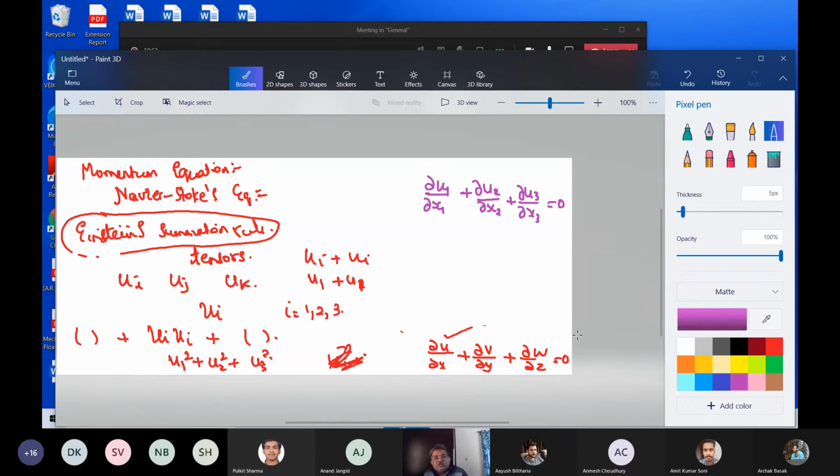So this can be written as dou ui by dou xi equal to 0.